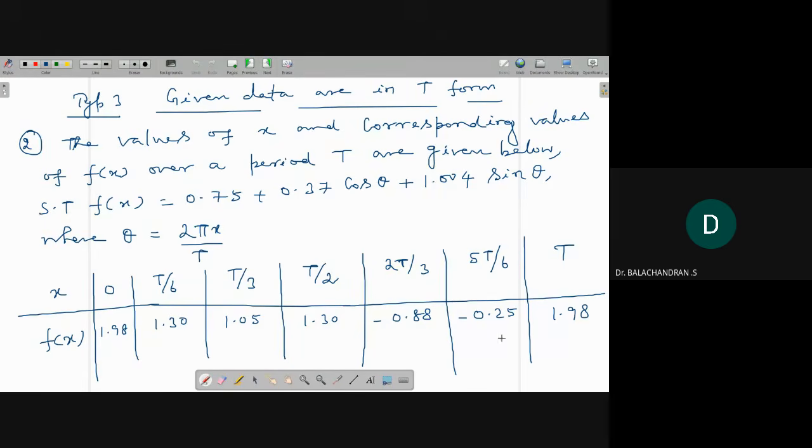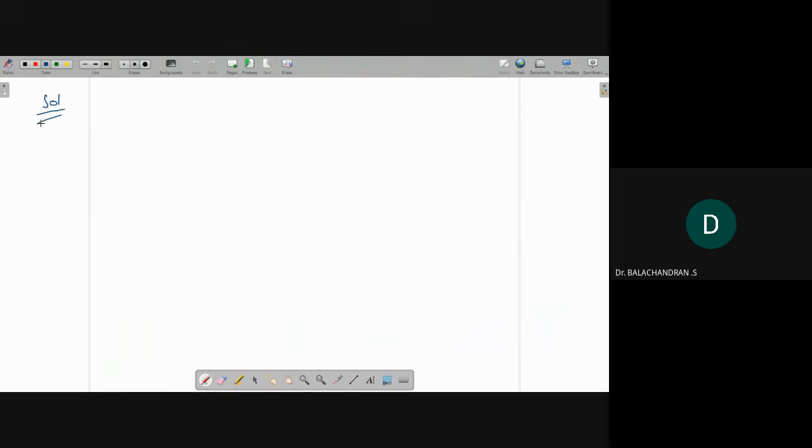Here the first value and last value are same, hence we omit the last value.